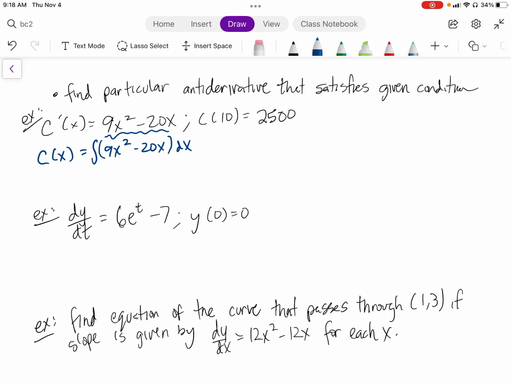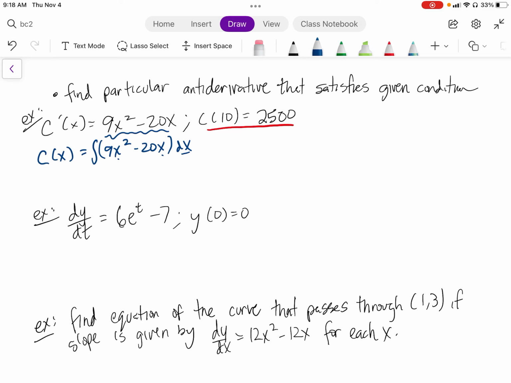Some authors, some professors do it, some don't. Sometimes I'll forget, and honestly, in single variable calculus, I only have x's here. When I write dx, it's assumed that it's the entire function there that we wrote. Okay, anyways, that first part is asking this. We will get to the rest of this in just a second.